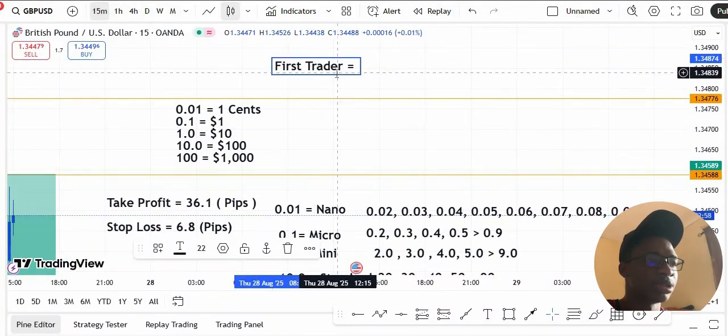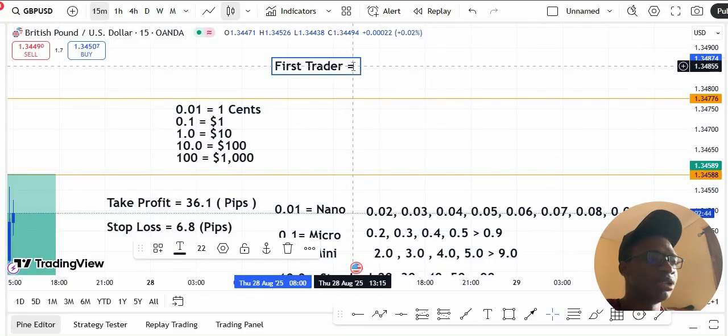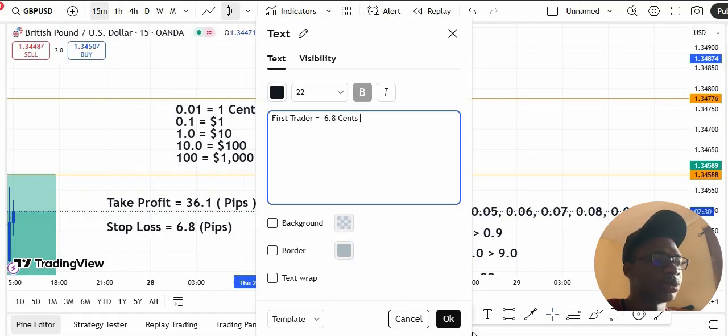So now it's 0.01 times 6.8, or 6.8 times 1 cent, which gives us 6.8 cents. So the first trader is opening himself to 6.8 cents in loss if the trade goes sideways.